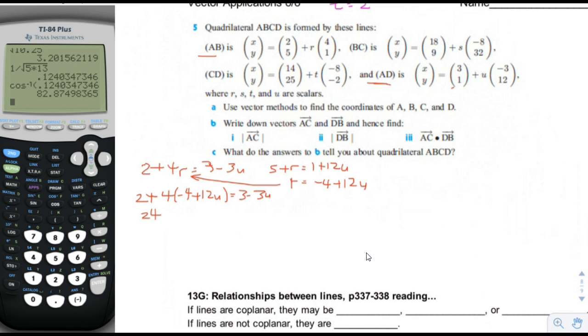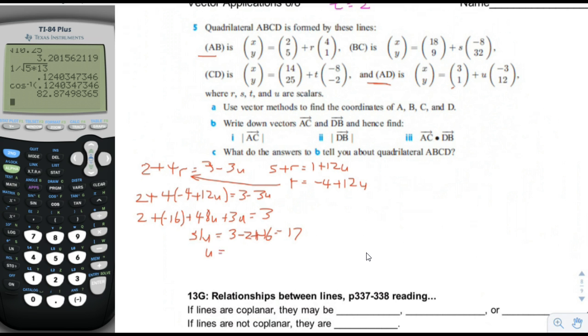2 plus, and then negative 4 times 4 is negative 16, and 4 times 12u is 48u, and then we add 3u to both sides, so now we have 51u equals 3 minus 2 plus 16, which is equal to 1 plus 16, 17.